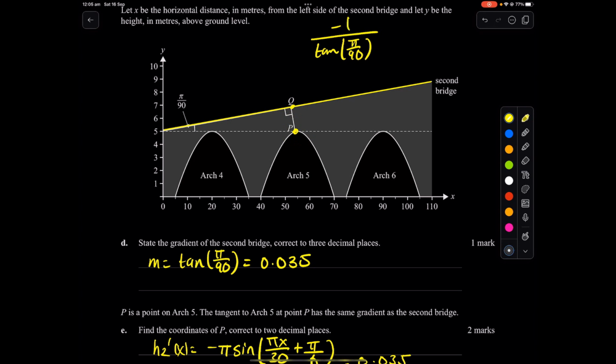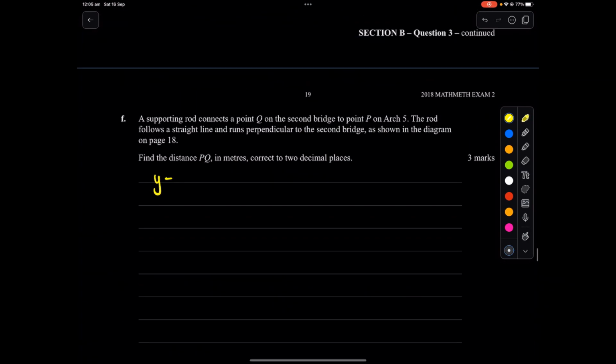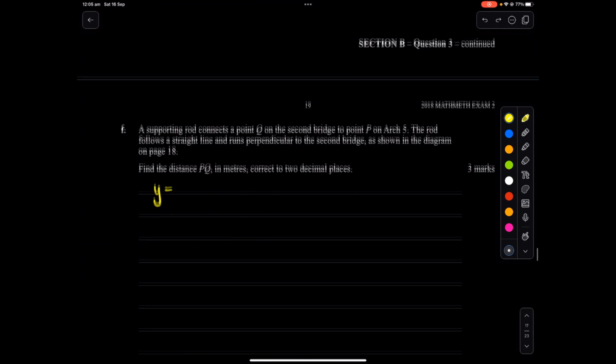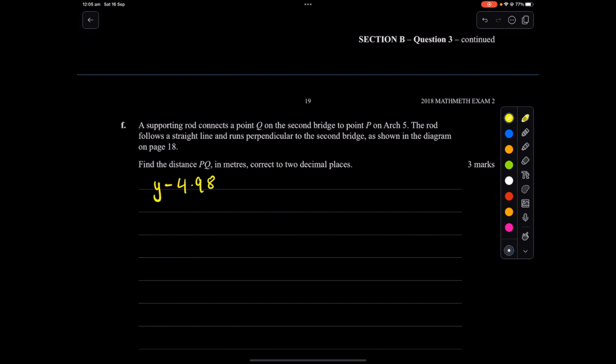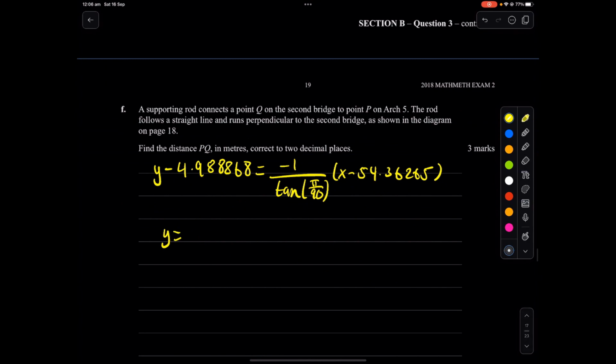So we can say y minus 4.9888, to be safe, I just want to make sure, 68, equals -1 over tan pi 90, x minus 54.36265, and so y should equal what? So let's just calculate that.